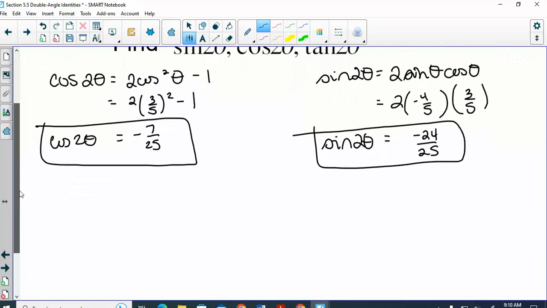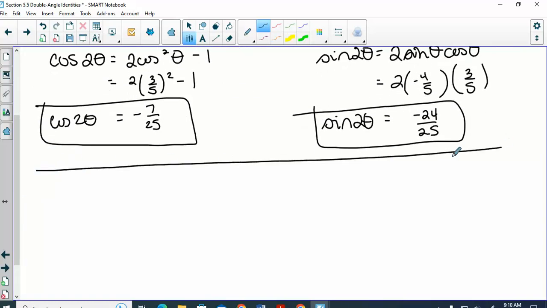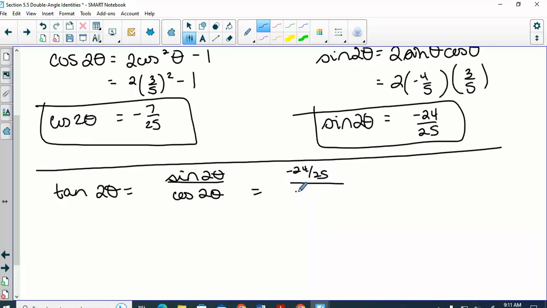What would be the easiest way to find tangent now? Do the sine over cosine. Yeah, sine 2 theta over cosine 2 theta would definitely be faster. So sine is negative 24 over 25 divided by negative 7 over 25. Flip and multiply.